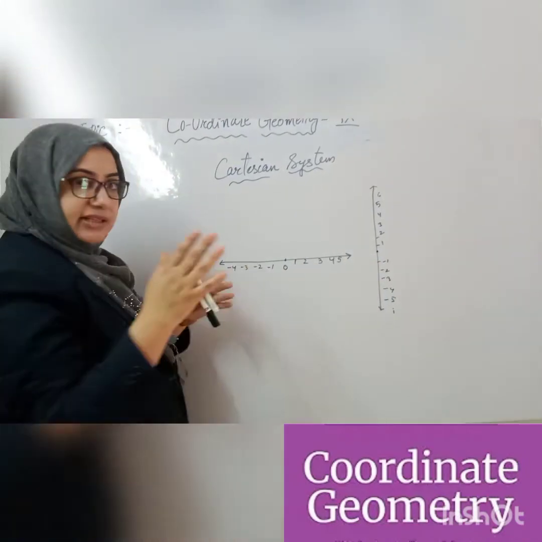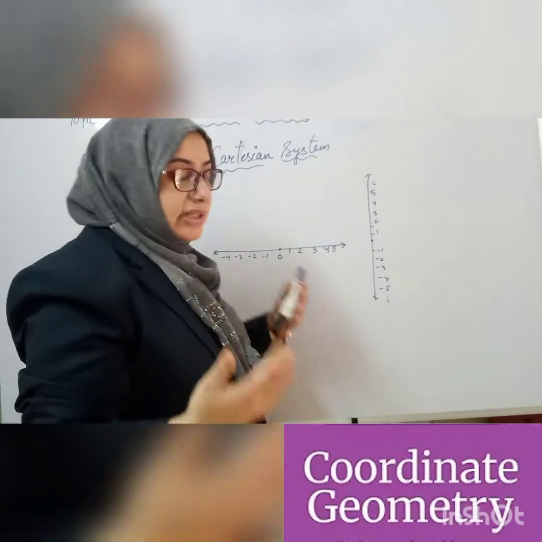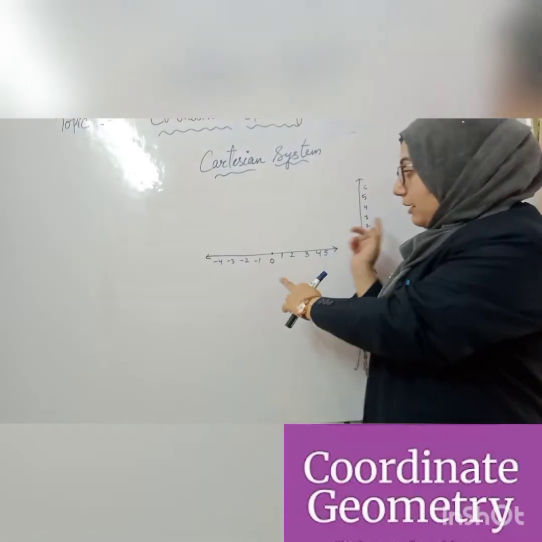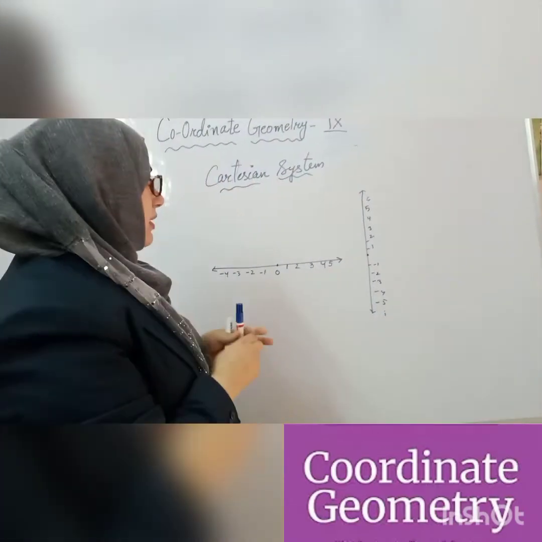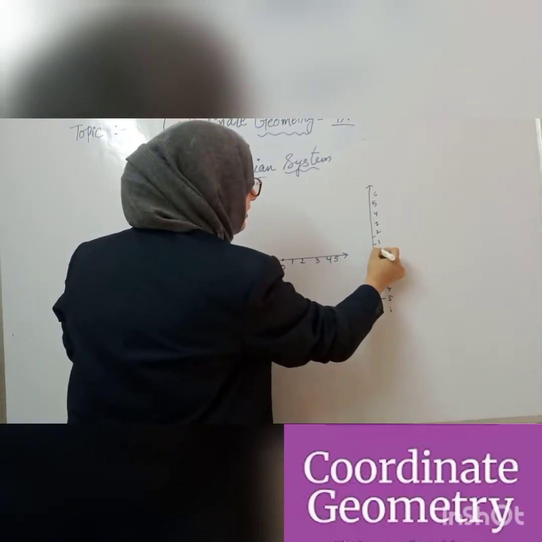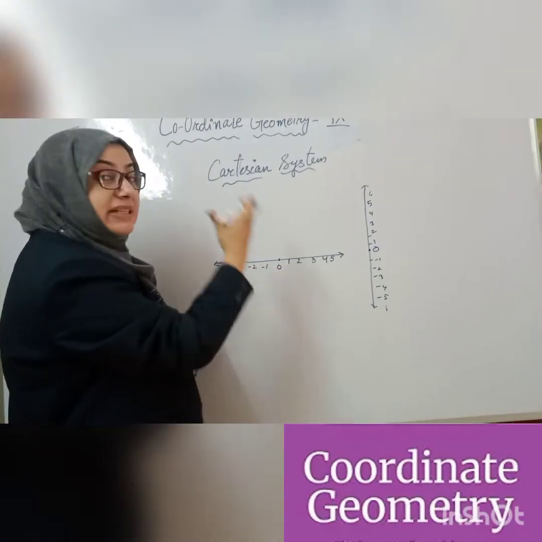Right now, my dear students, these two number lines are not intersecting. What does that mean? These two number lines are not meeting anywhere. So let me join them. You can see this number line has 0 here and this number line has 0 here, meaning the center.